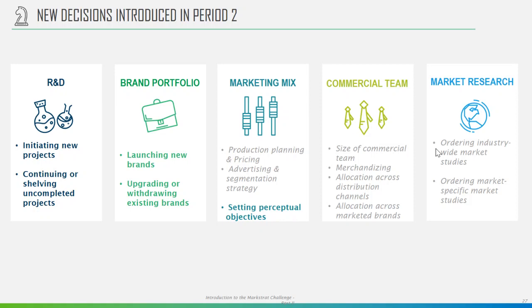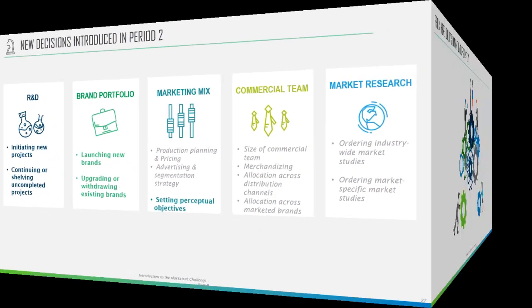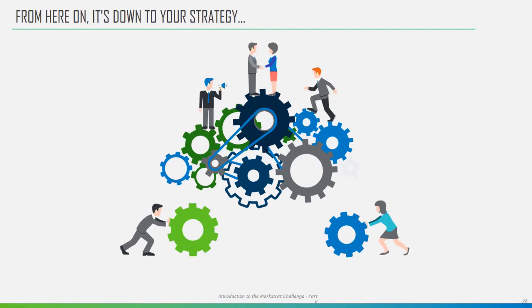So everything else can be done from the beginning, but starting in period 2, there are some things that you can do in addition to what was done in period 1. So at this point, it's down to your strategy. You have to figure out kind of what your plan is and what you want to do, and go from there.